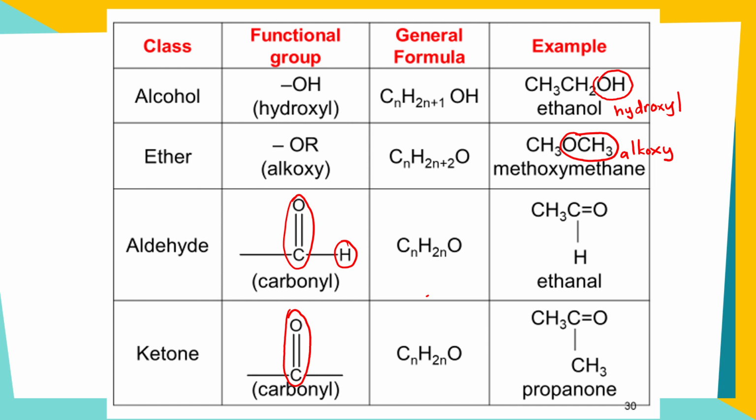If the atom next to the C double bond O is carbon, it is considered a ketone. That is the class of the compound. So in this case, how do we identify the functional group? You can circle C double bond O because both have the same functional group, which is carbonyl. But the atom next to the C double bond O is used to determine whether it is an aldehyde or a ketone.